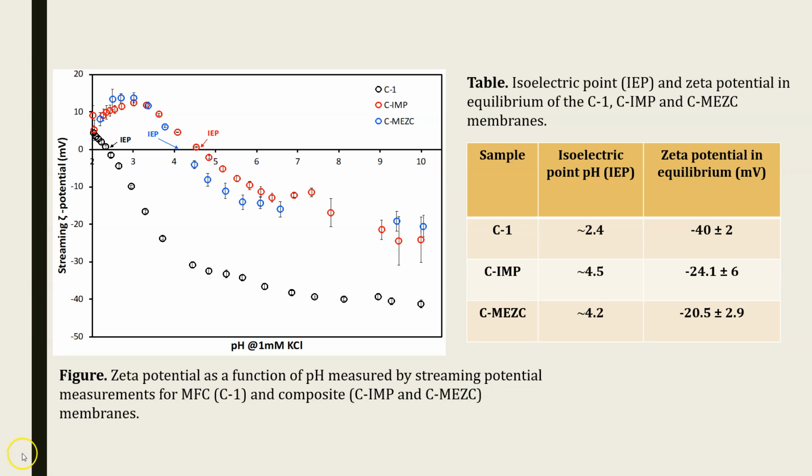To understand the behavior of this membrane under different conditions, zeta potential was measured. In the case of C1, the sample has an isoelectric point of 2.4, but when forming the composites CMP and CMS, this changed from 2.4 to 4.2 and 4.5 respectively.